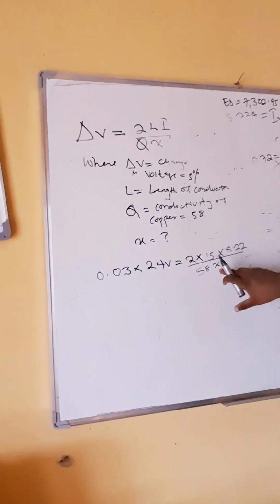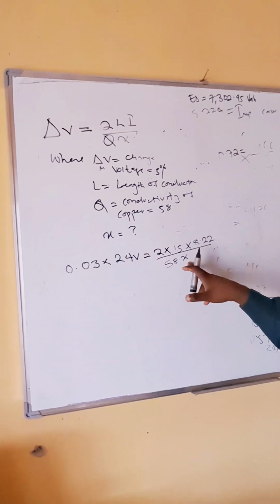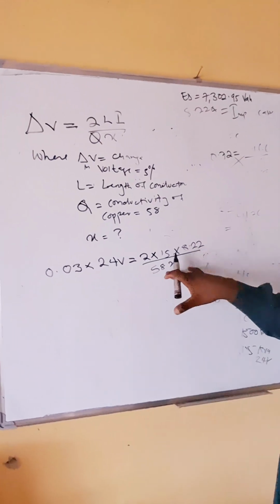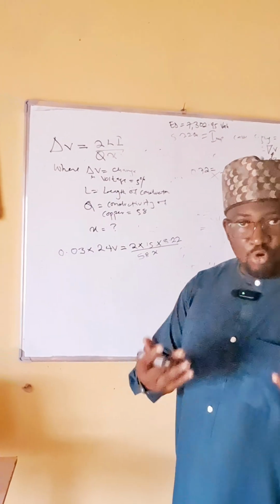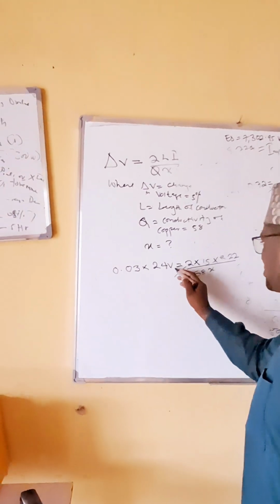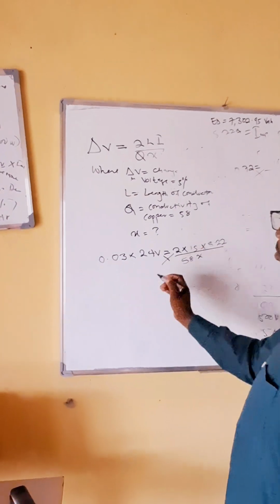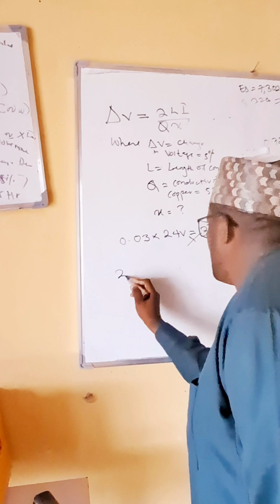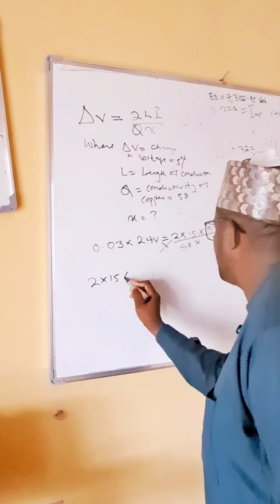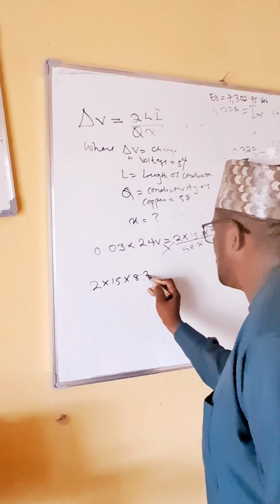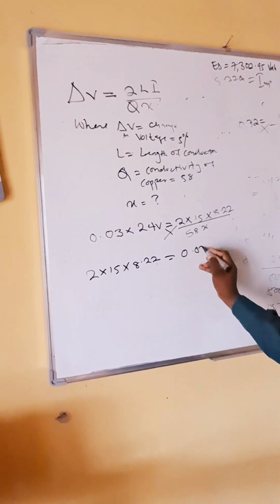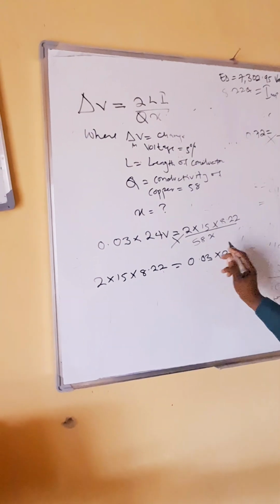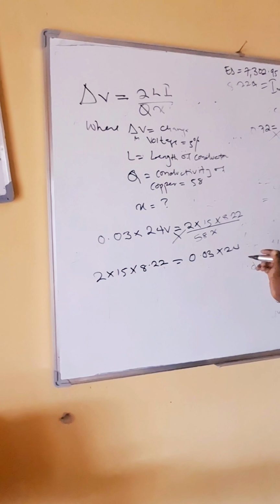So this x is going to be our unknown. How do we separate this unknown from the known? We have to do what we call cross multiplication. We cross multiply this way. So what we have here is 2 times 15 times 8.22 is equal to 0.03 times 24, then times this 58x.